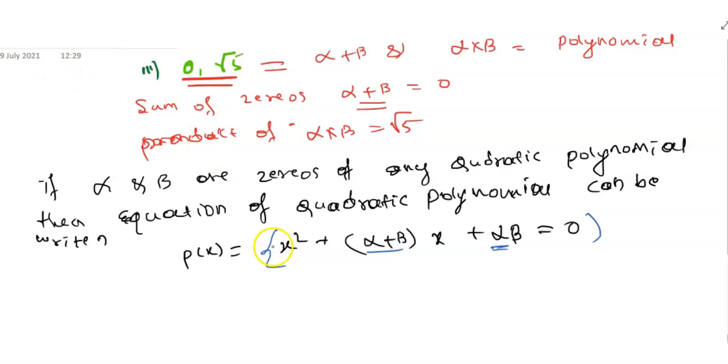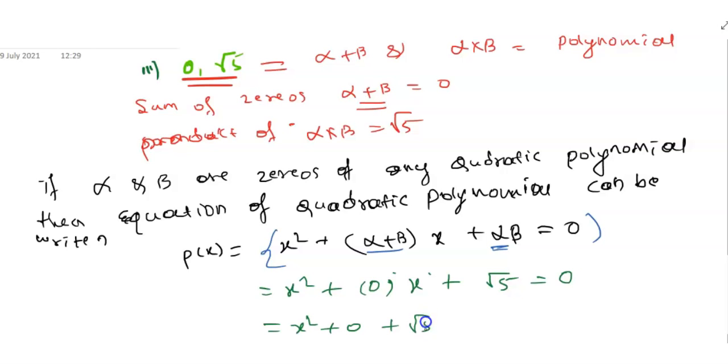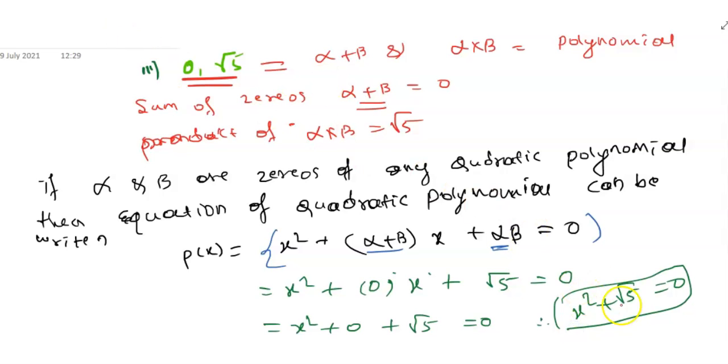Here x square plus the alpha plus beta value is 0, that means 0 into x, plus the alpha beta value root 5 is equal to 0. Here x square, 0 into x is 0, plus root 5 is equal to 0. Hence your quadratic equation will be x square plus root 5 is equal to 0. This is your quadratic polynomial. Okay, this is your answer.